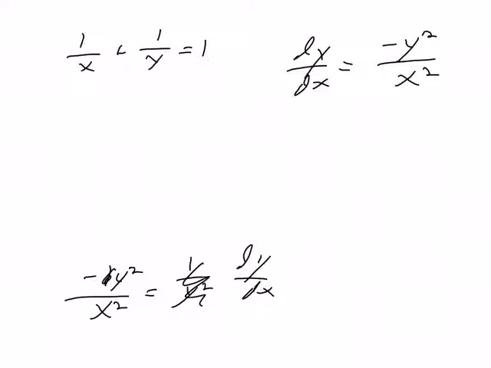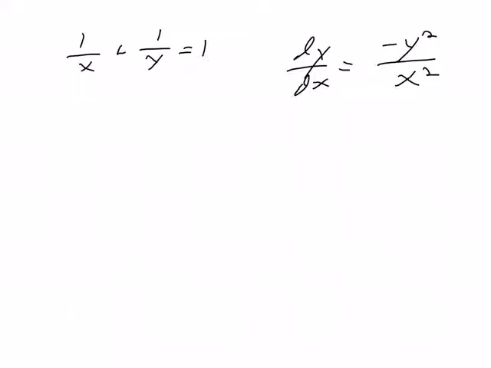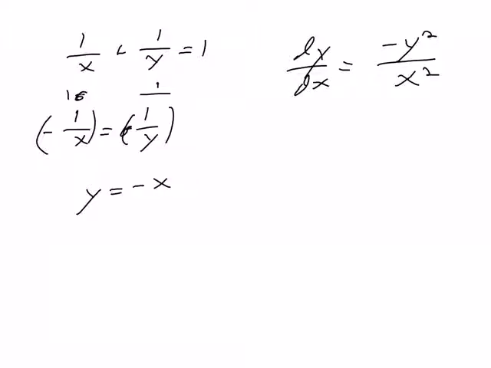So now what we can say is 1 over x is equal to negative 1 over y. We move the negative over here. We flip it, so we get that y is equal to negative x, right? We can take both of these and just divide them by 1, and that's what happens. We just flip them. Or if you know, cross multiply, just do that.